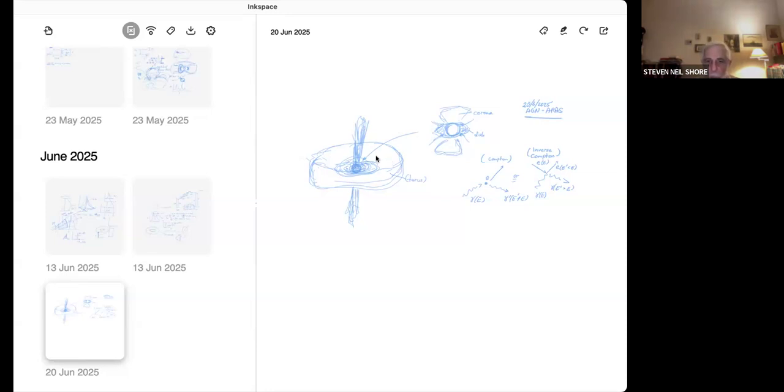Now, what happens is the same as with a nova. If the central object varies, you can think of these as the ejecta. This region is ionized and recombines differently than this region and this region and this region. The difference is this is circulating. In a nova, it's expanding, but it's the same thing. The line profile changes.